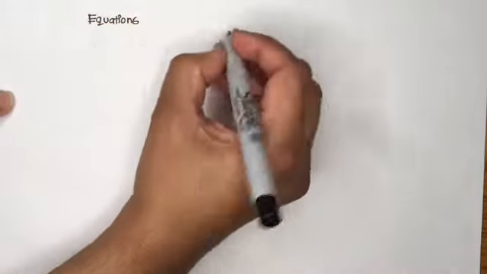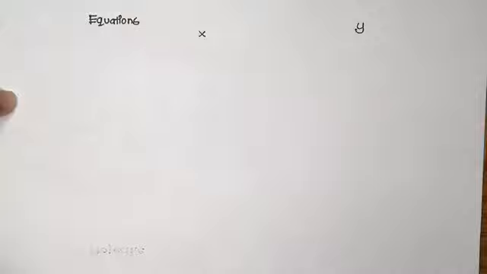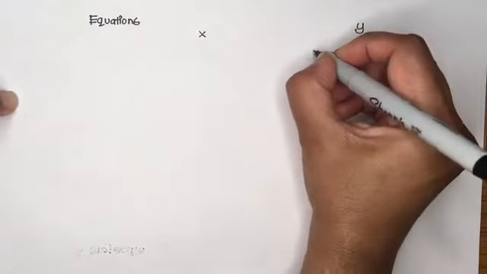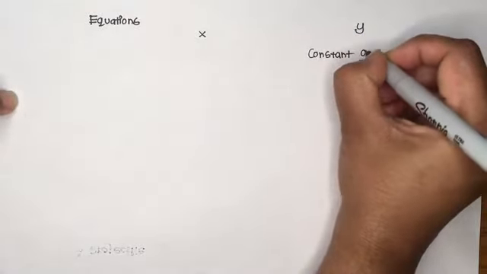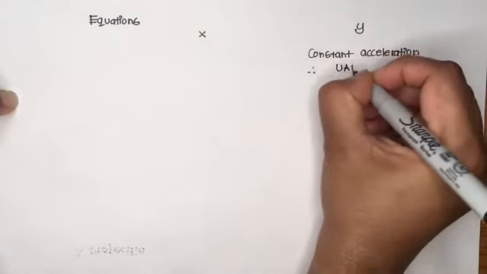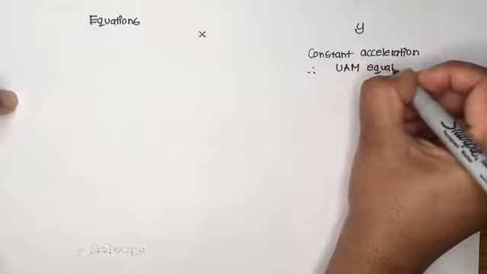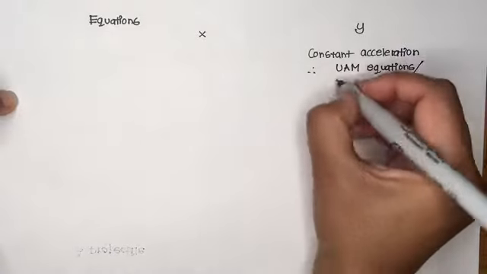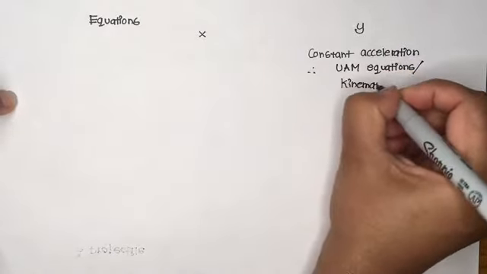Okay, now let's look at the equations in x direction and y direction. In y direction, remember we have a constant acceleration, that is the acceleration due to gravity. So that means you can use the uniformly accelerated motion equations, or else the kinematic equations you already know.